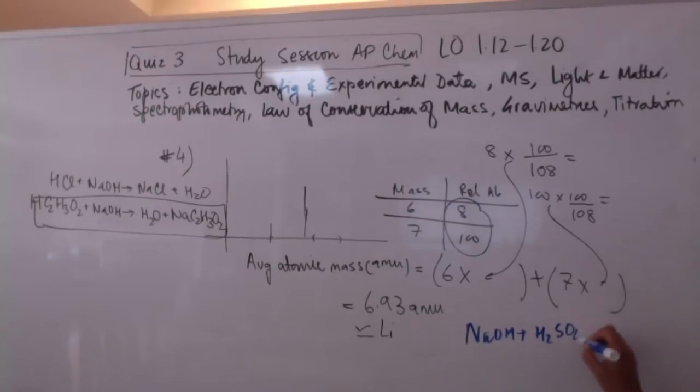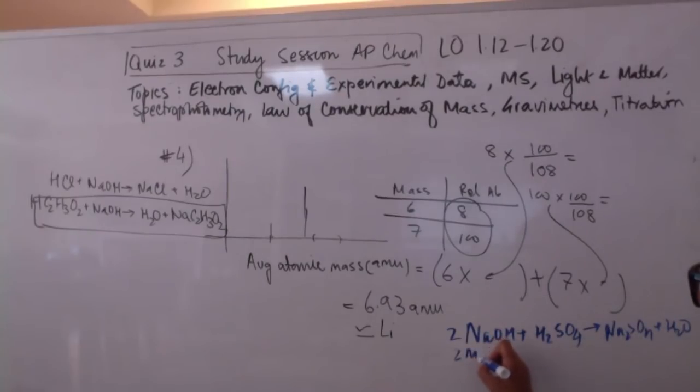NaOH plus H2SO4 gives you Na2SO4 plus H2O. So you know 2 moles of NaOH react with 1 mole of H2SO4. So you get molarity times volume times 2 is equal to molarity times volume of this. You know this by dividing 32 by 40 by 0.250 liters.